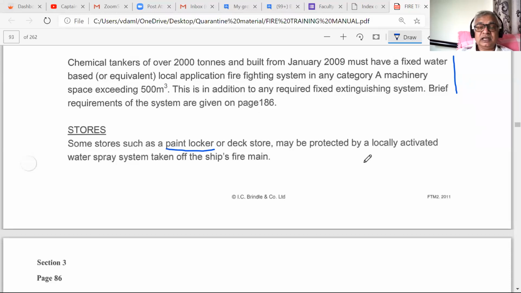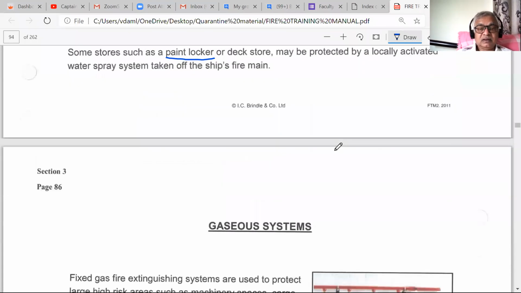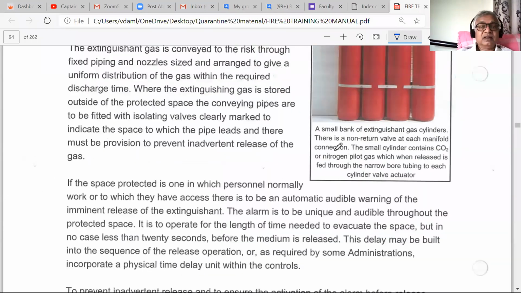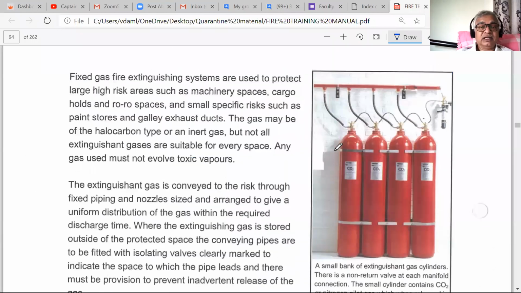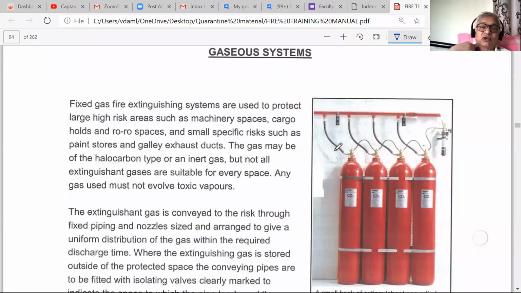Now let's move to the next part: gaseous system. The first part was using water as a medium. Now we come to the gas. The gas which is normally used on board is carbon dioxide for extinguishing fire, for a variety of reasons. There are more efficient gases, but they are very expensive and technological challenges are required.